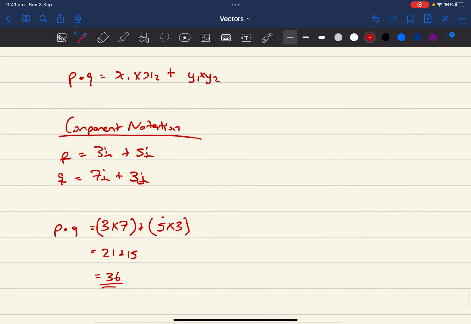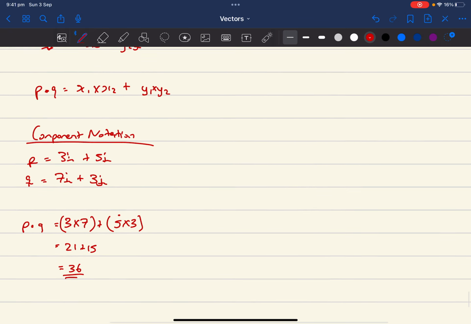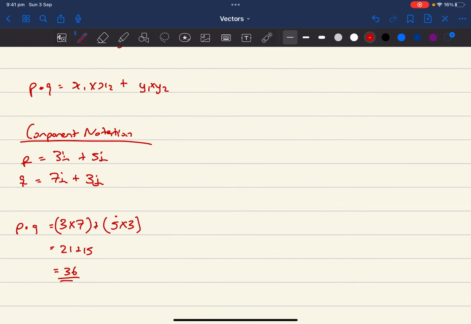Okay. It shouldn't be too bad, so I won't go over another example. Let's say instead of component notation, I had the column notation, right? So these are the two different ways they could ask you. Let's say you had P equals (2, 5) and Q equals (3, 2), right?